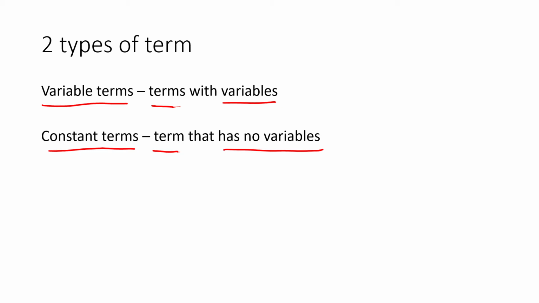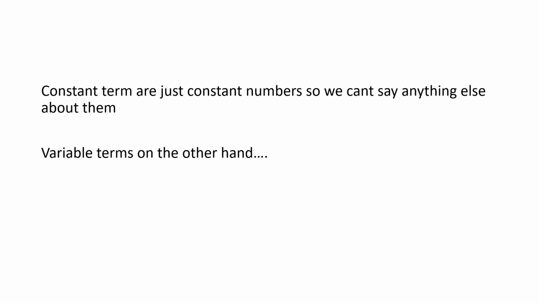If you have a variable, that's a variable term, and if you have no variable, that's a constant term. Now, constant terms are just constant numbers. We already know constant numbers because you guys have been doing math for 7 years. But variable terms, on the other hand, are something new. So let's talk about variable terms.